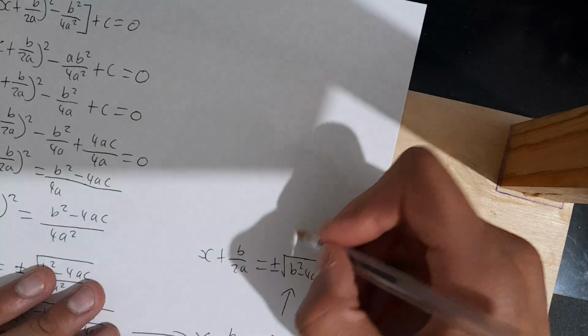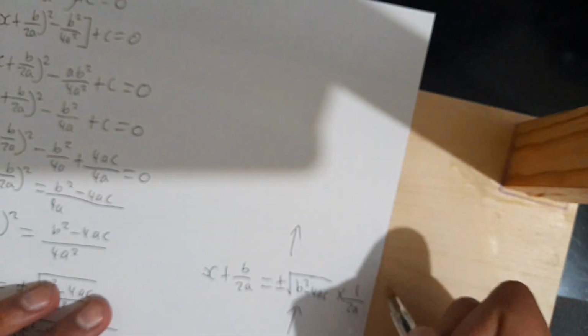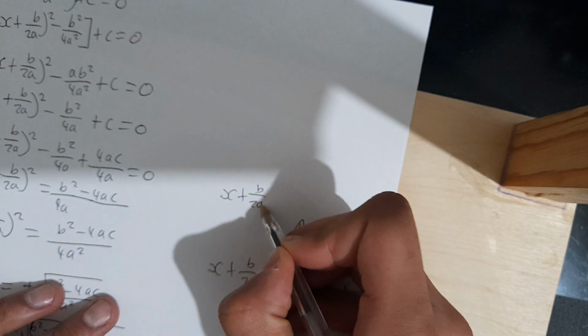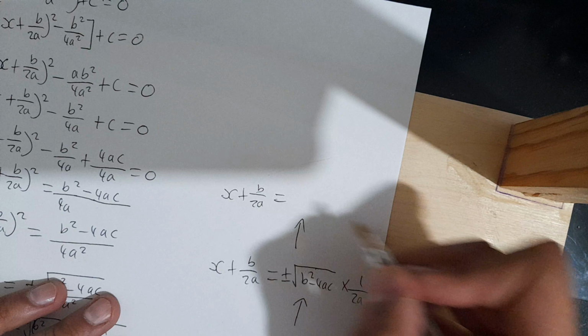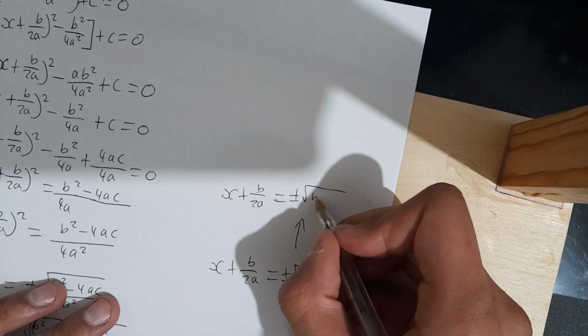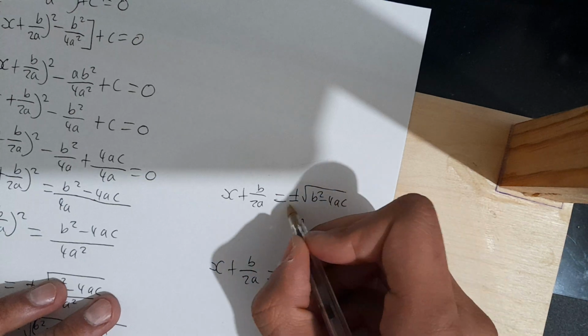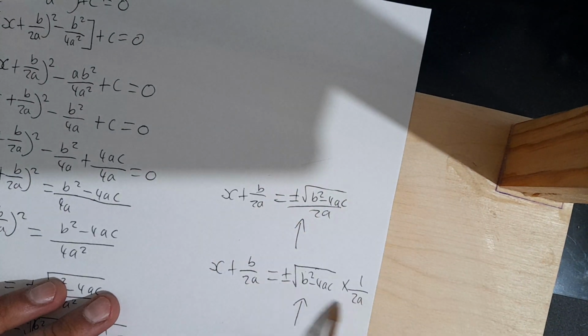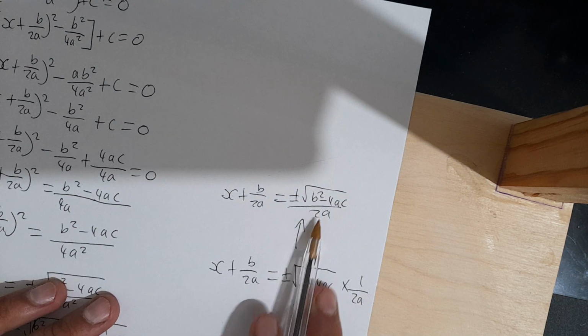So now we're getting quite close, and you might start recognizing this. x plus b over 2a equals plus minus the square root of b squared take away 4ac over 2a, because 1 over 2a, we're just putting that under here.